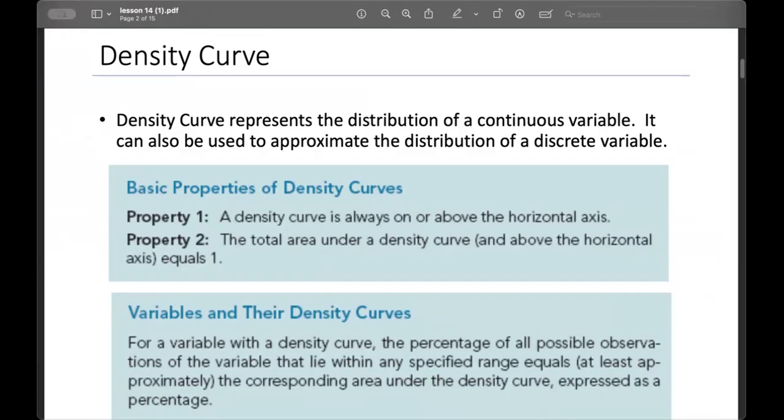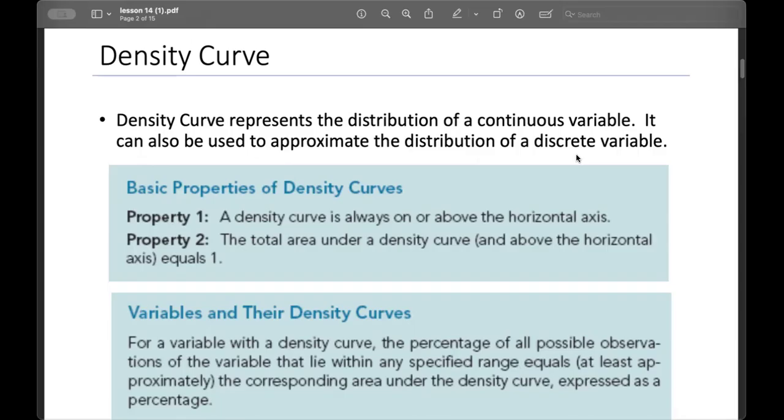The density curve represents the distribution of a continuous variable, and it can also be used to approximate the distribution of a discrete variable as well.